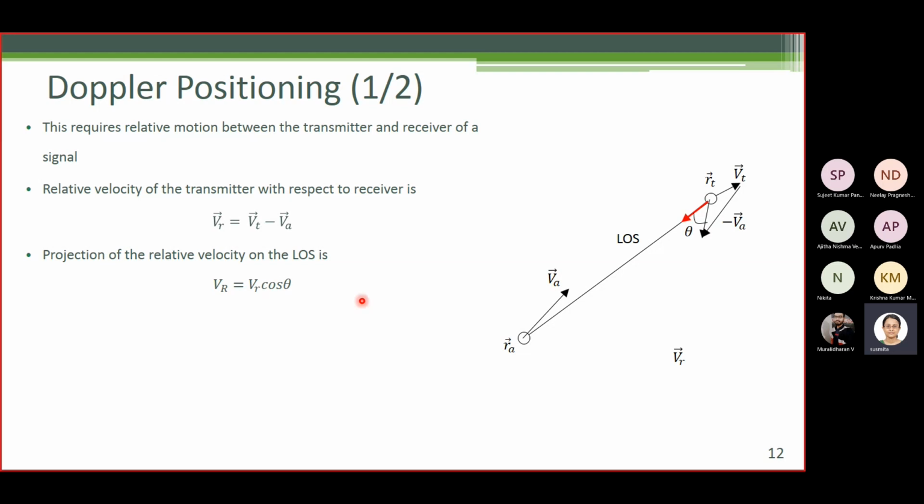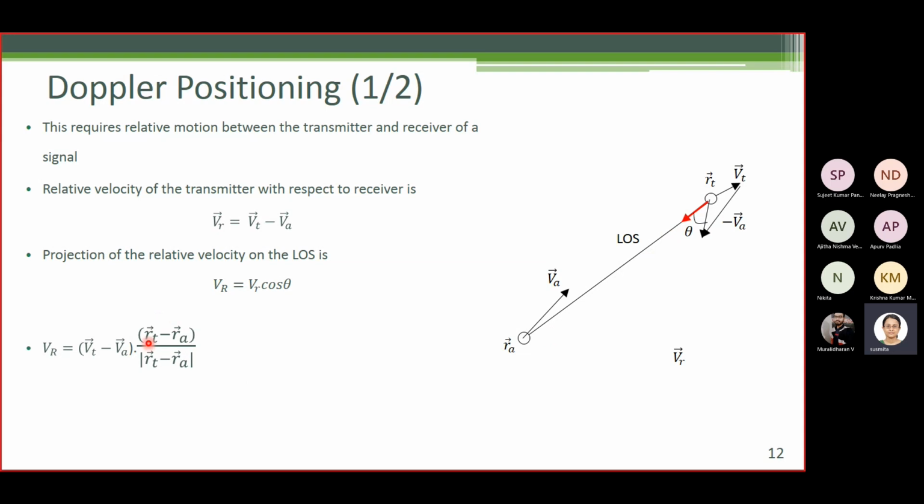Now can we express Vr in terms of the user and the transmitter coordinates and these velocity vectors? Yes, it is possible. What we need to do is find the unit vector along the line of sight.